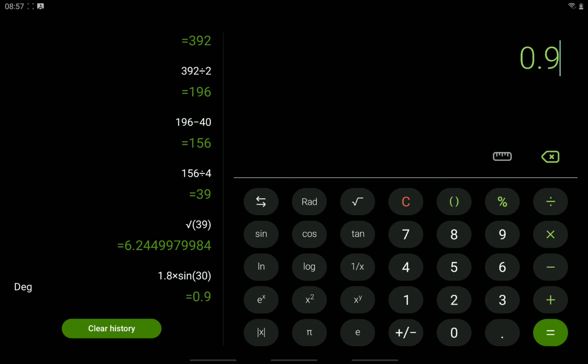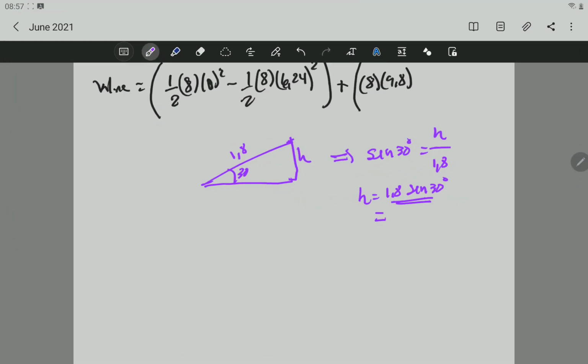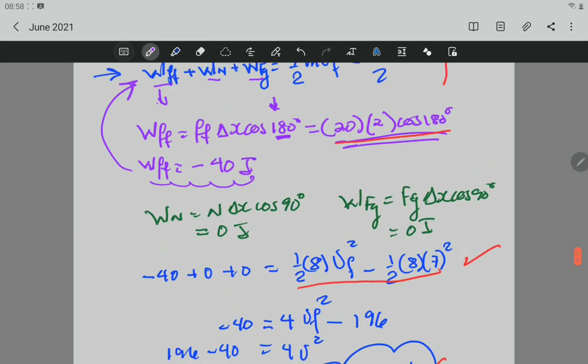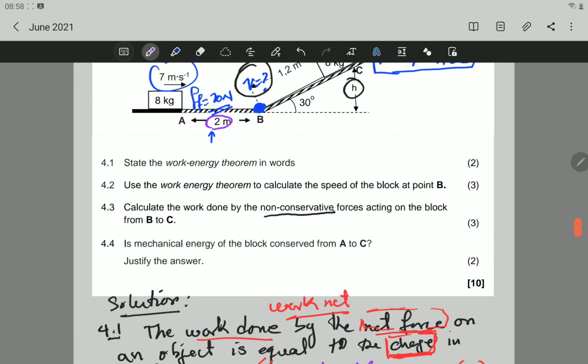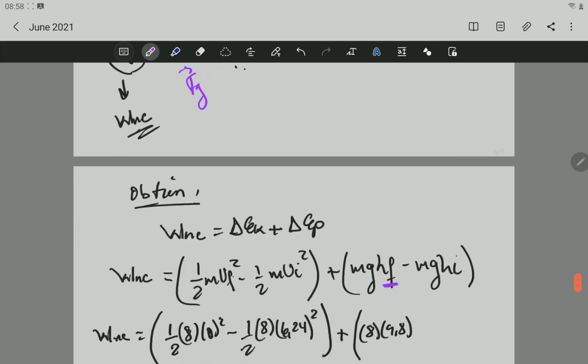Or you can substitute everything already if you want. 1.8 multiplied by the sine of, no, it's not 1.8. Sorry, it is 1.2. Why did I write 1.8 here? I'm very sorry about that. You must make sure you check the numbers properly. It's 1.2, there you can see it's 1.2.